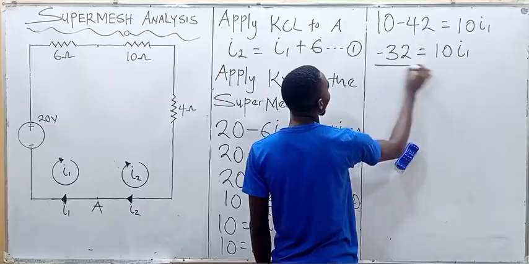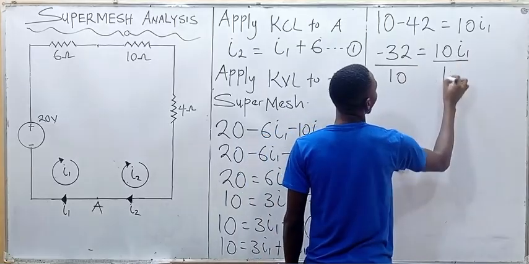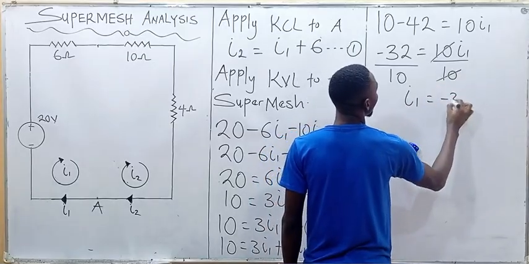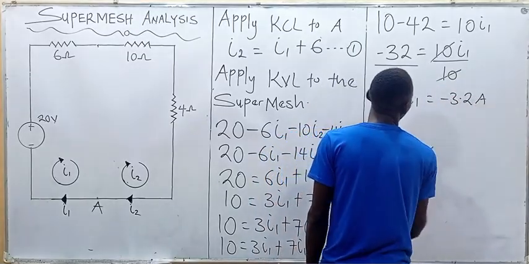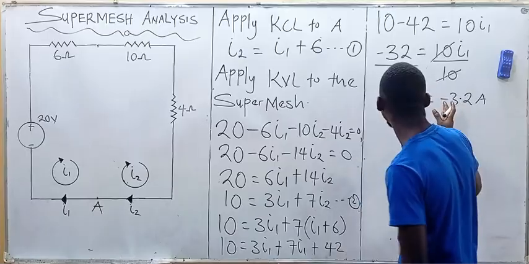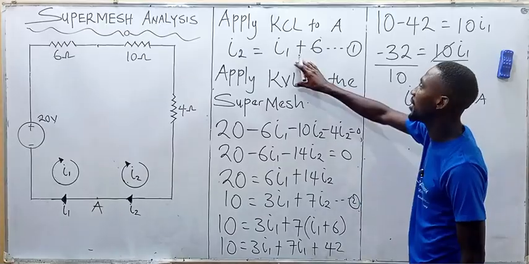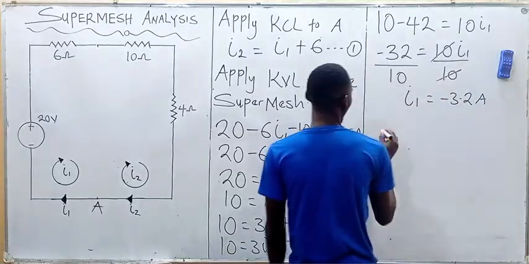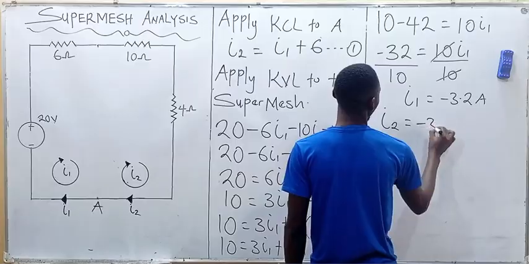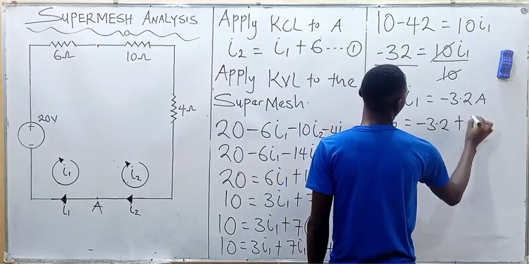So if we divide both sides by 10, I1 will be equal to minus 3.2 amperes. All right, so we can therefore find our I2. We are going to substitute negative 3.2 for I1 in equation number 1. So we are going to have I2 equals minus 3.2 plus 6.